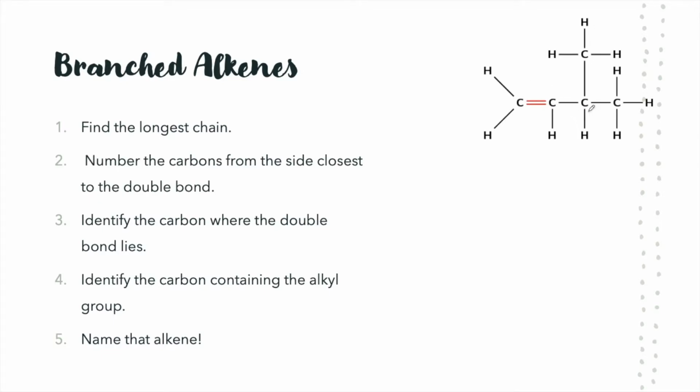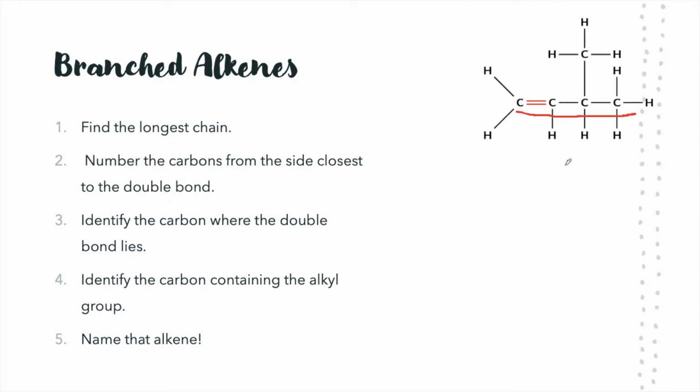We can go straight across, 1, 2, 3, 4. And we can also go up in a backwards L shape, 1, 2, 3, 4. I am, for simplicity, going to choose this as our longest chain. And we are going to count them once more, 1, 2, 3, 4.